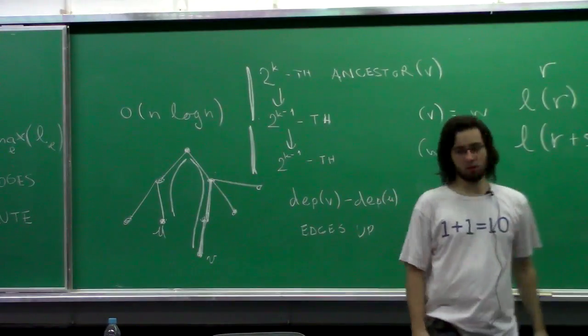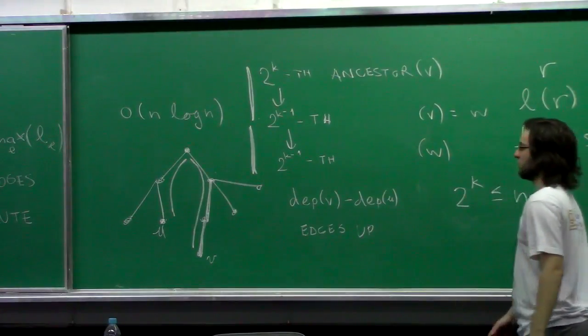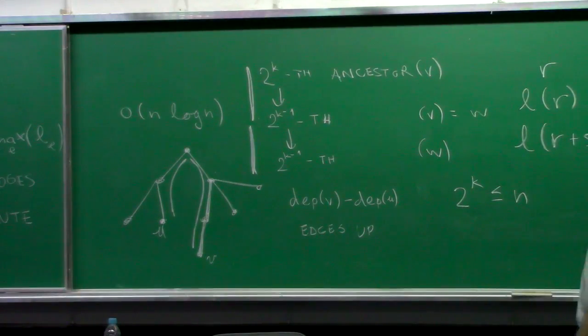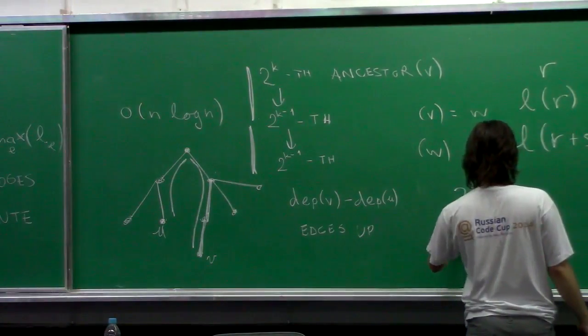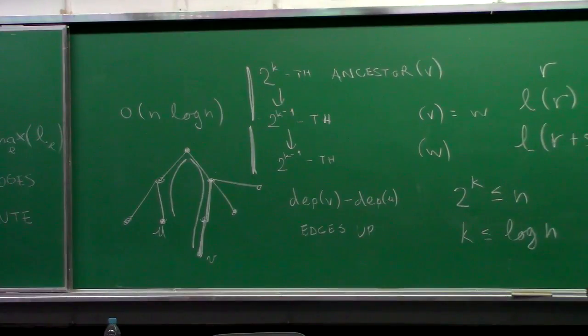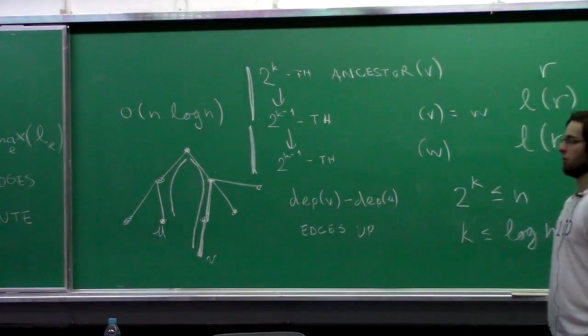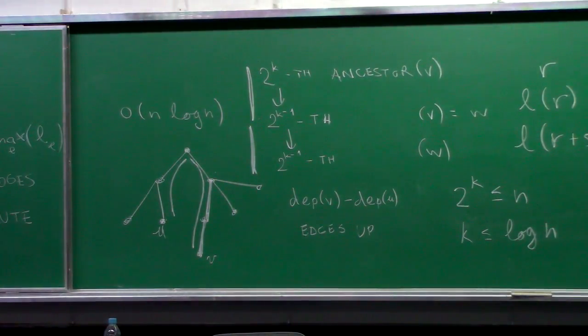And since 2 power k should only be up to n, since there is no point going more than n edges up in a tree with at most n vertices, then k is just up to log n. For all possible k and all possible v, since each number is computed in O(1) time, and there are log n times n numbers, the time complexity is O(n log n) to pre-compute all these parameters.